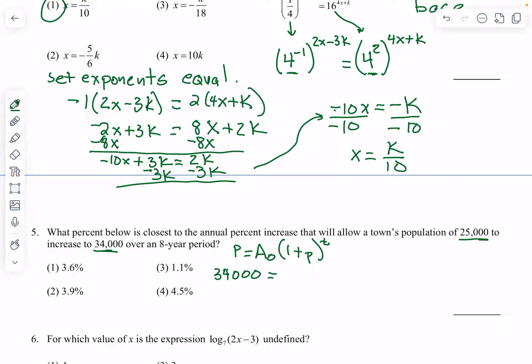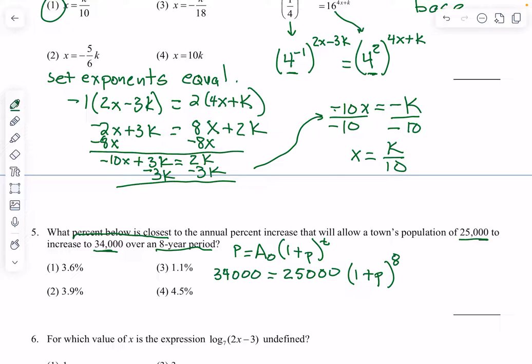We have 34,000 is equal to 25,000 times 1 plus P, which is what we're looking for. What percentage below is the closest? Raised to the time period, which is 8 years.